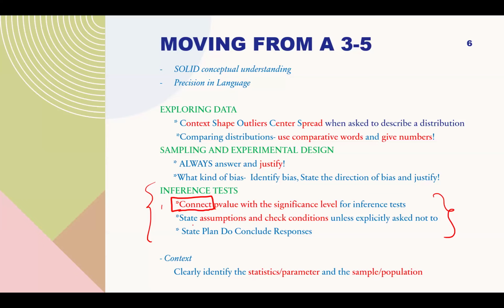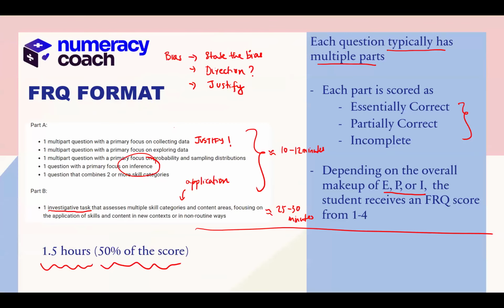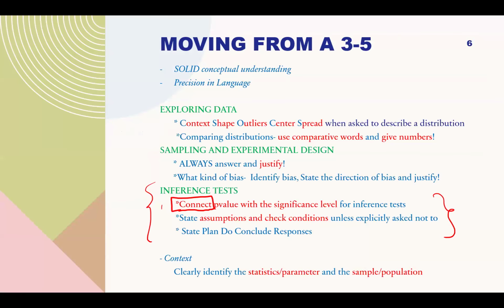But why don't we talk about context? How important is context when you're answering any question? I mean, it's huge. Not to bring this up for the seniors, but it's November 1st and a lot of college applications were due.